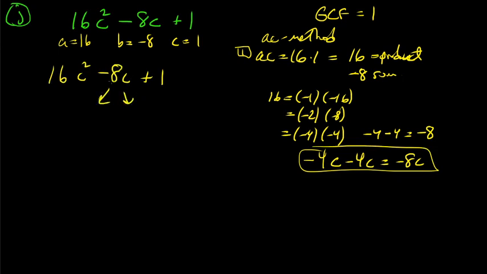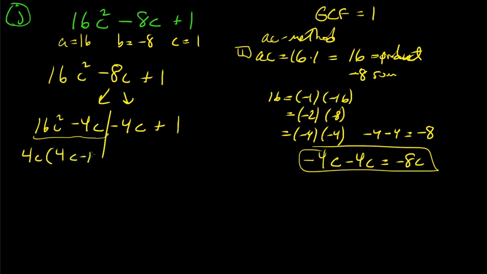So split up the negative 8c as negative 4c minus another 4c plus 1. Factor by grouping. So the first two terms we can factor out a 4 and a c. And we're left with 4c minus 1. Yep, 4c minus 1, right?